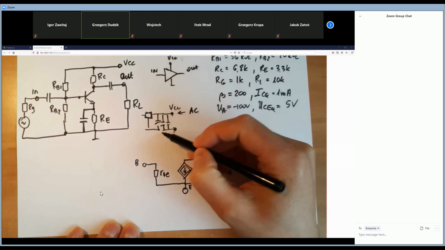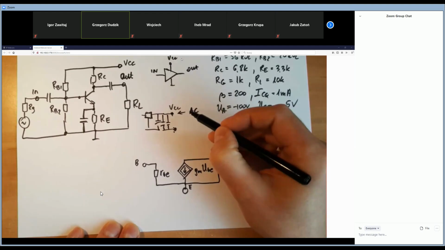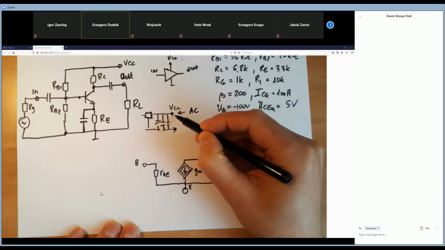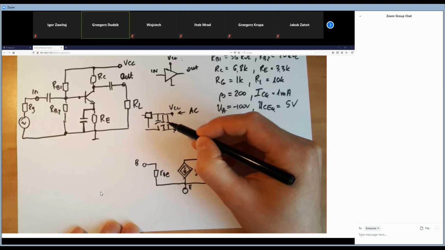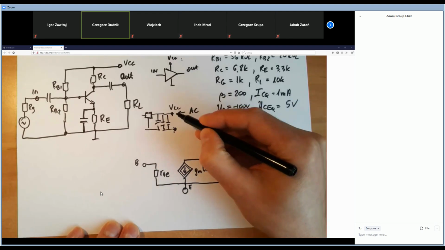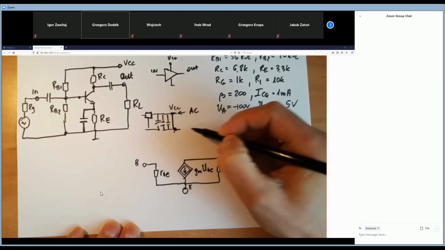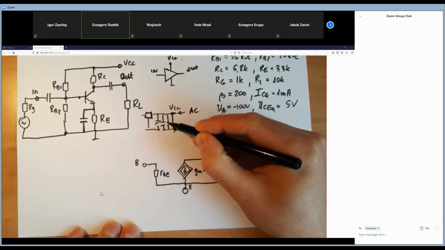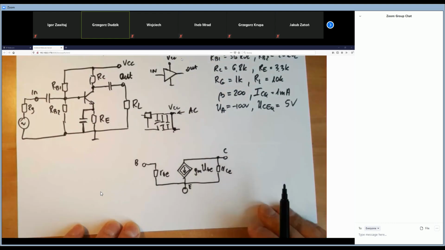There are a lot of capacitors here with huge values, so for the AC signal they are like a short circuit. So the AC signal in fact sees the VCC potential as a short circuit to ground through these capacitors. All right, so if we know that, we can go further.